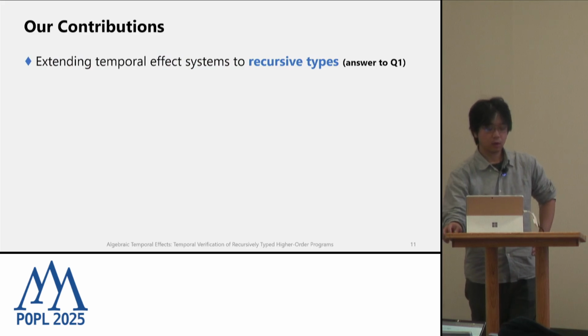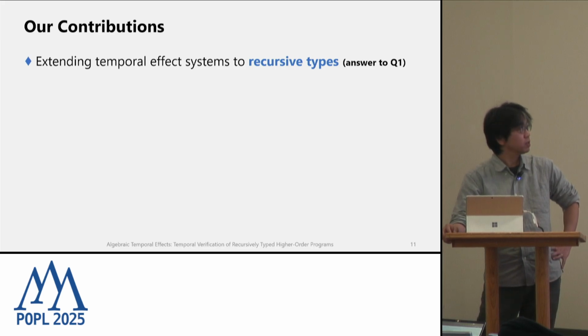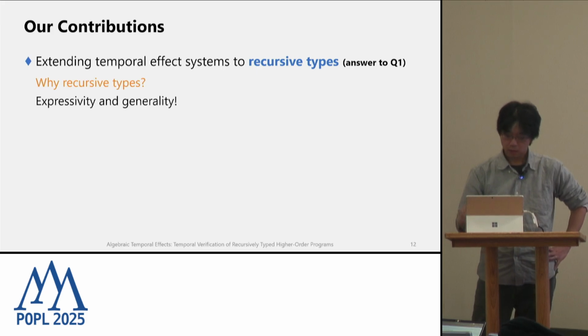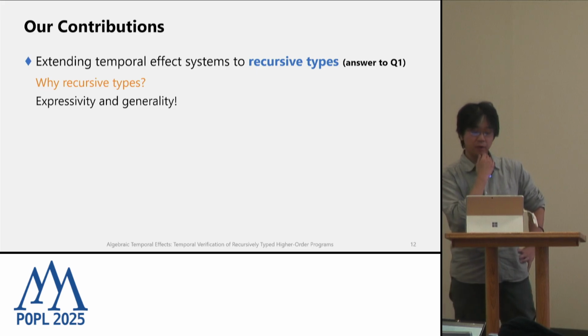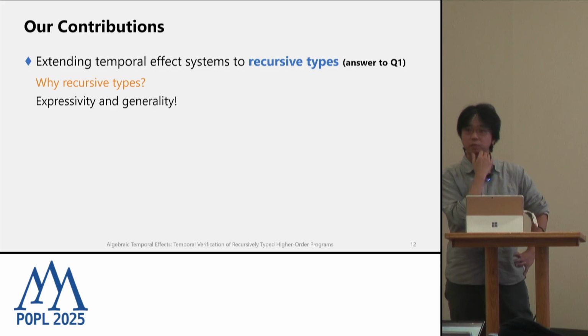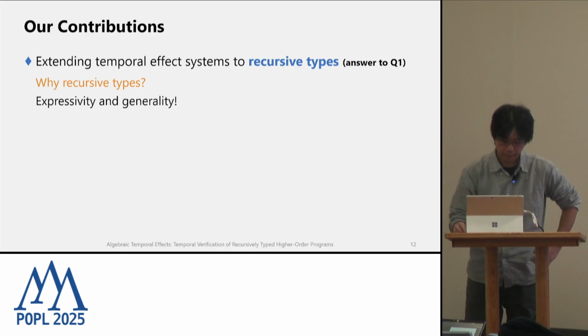All right, in this work, we answered these questions. For the first question, we extended the temporal effect system to recursive types. As you know, recursive types are very expressive and general programming features. By extending with recursive types, we can implement many programming features and paradigms, like object-oriented programs, cooperative schedulers, and recursive structures.